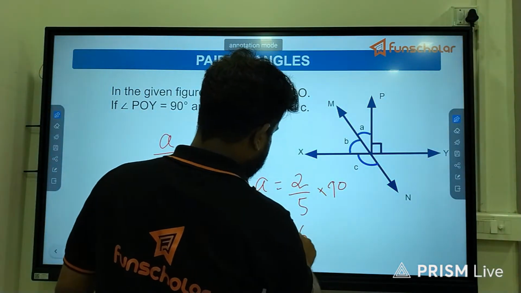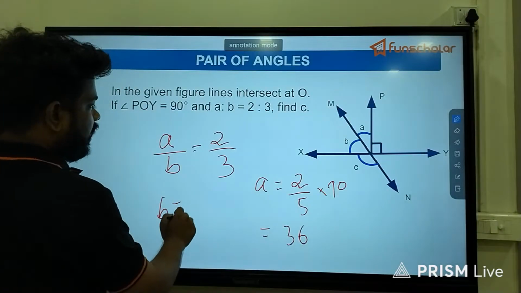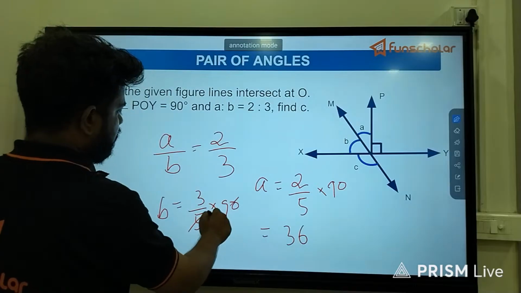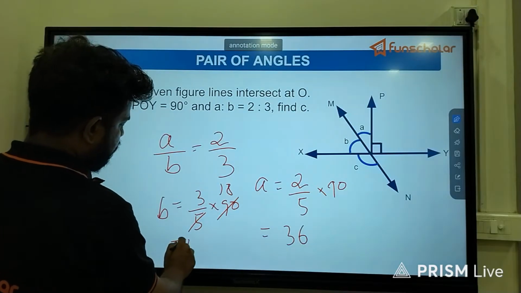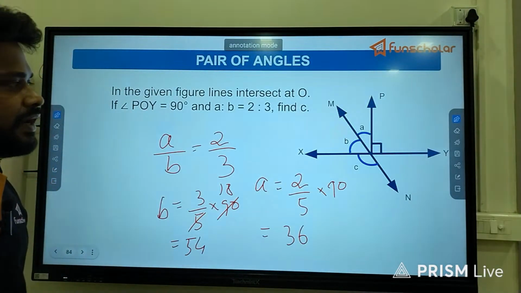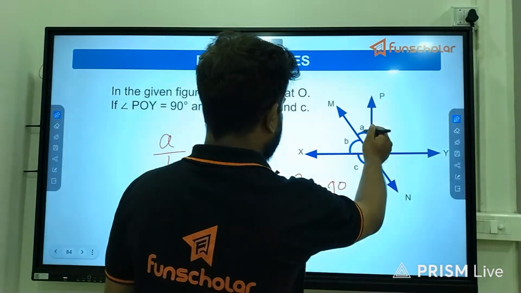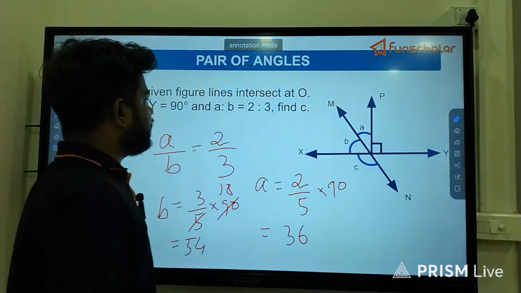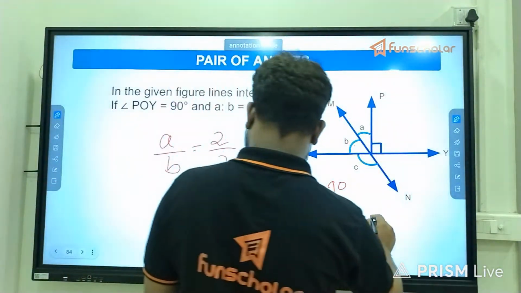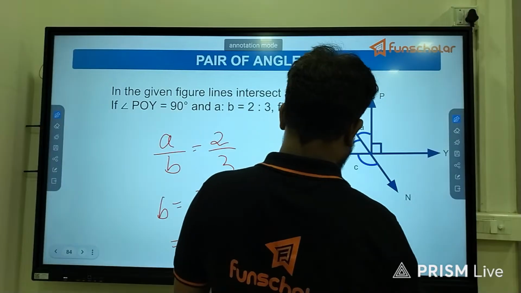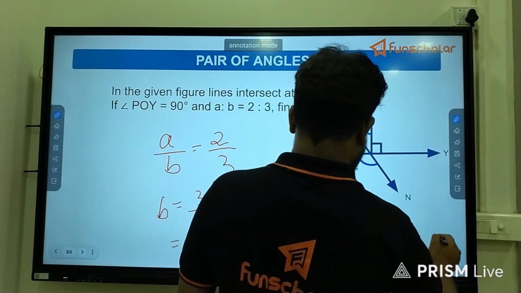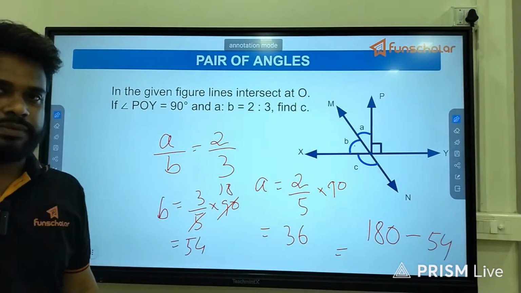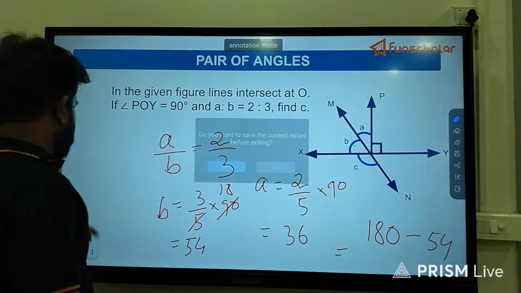So it will be 36, and B will be 3 by 5 into 90. It will be 54. Now let's verify this. This is already 90 and these two are making 90. If this one is 90 and this one is 180, it will be 180 minus 54, and you have to subtract. Okay, done.